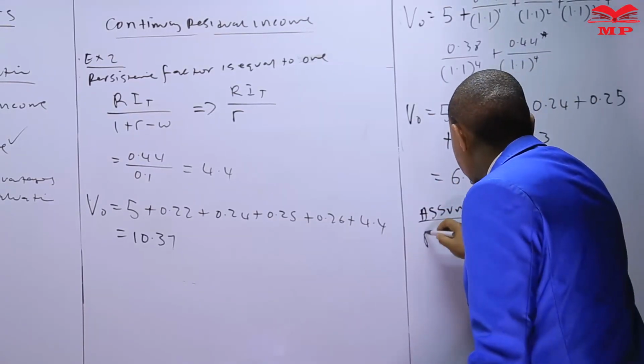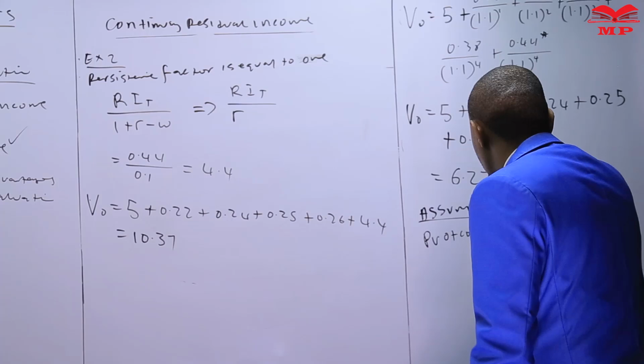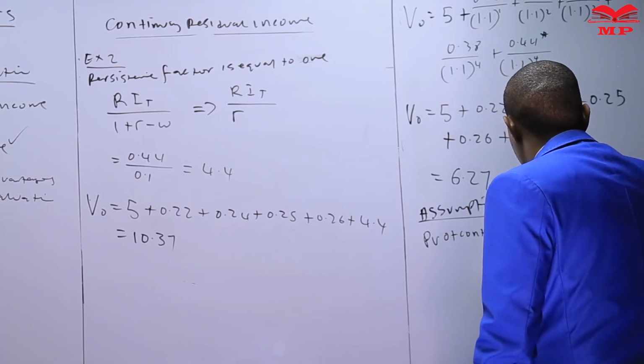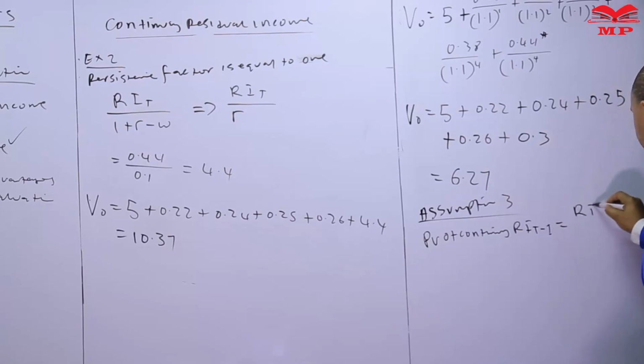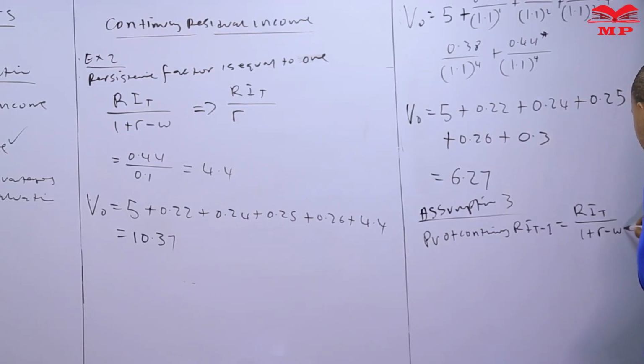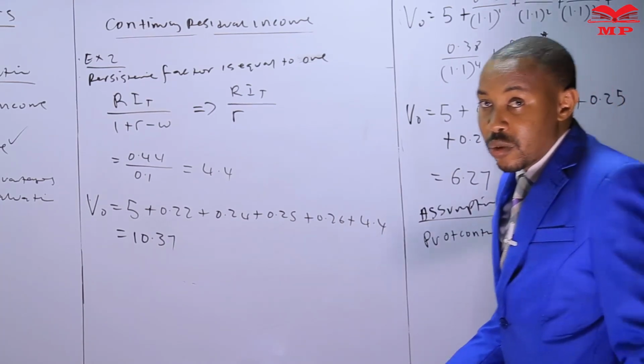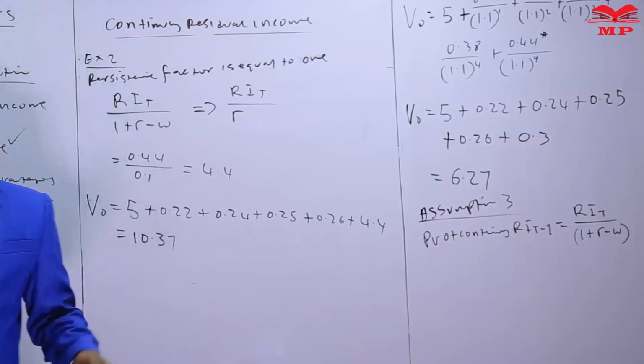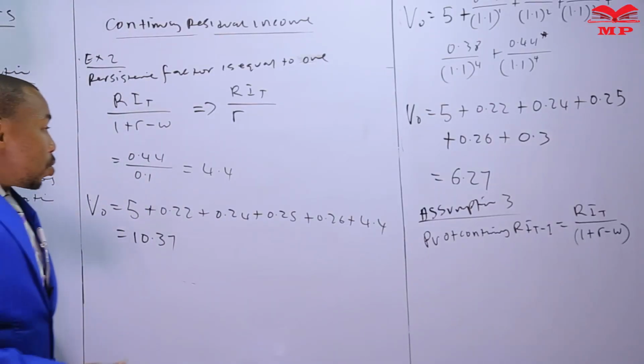So the present value of continuing residual income is given as RIT over 1 plus R minus W. So this W, the persistence factor, lies between 0 and 1. In this case, we've been told that the persistence factor is 0.4, so we just continue.